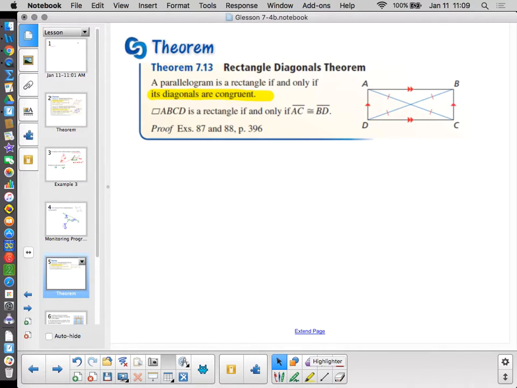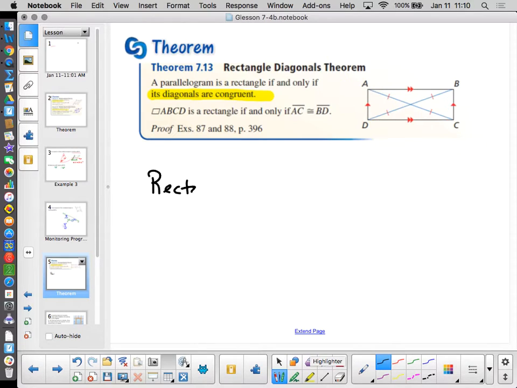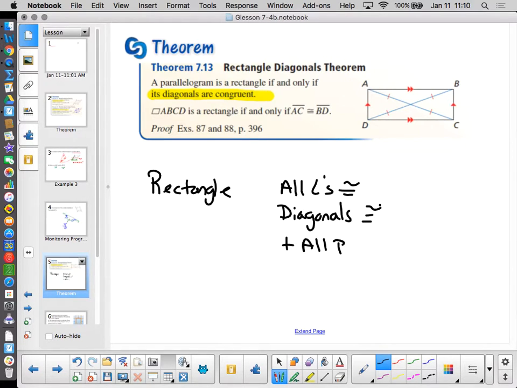It's probably a good idea to be keeping track of these little facts on a piece of paper somewhere. So listing the properties of a rectangle, for example. Maybe make sure you have a card that says rectangle. And then special properties of rectangle: all angles congruent, diagonals congruent, and then plus all parallelogram properties.